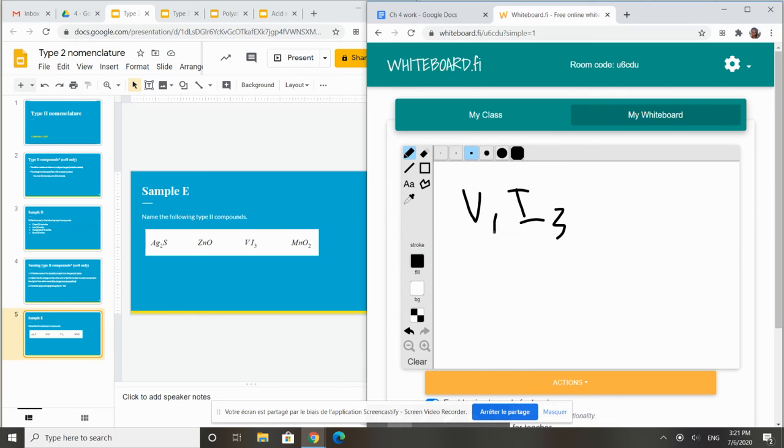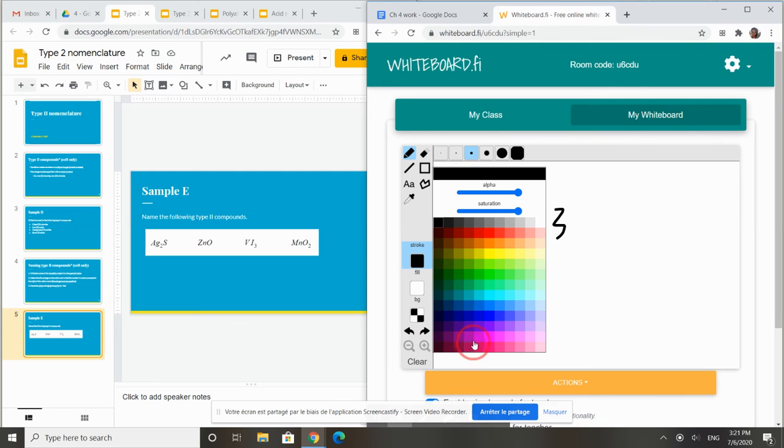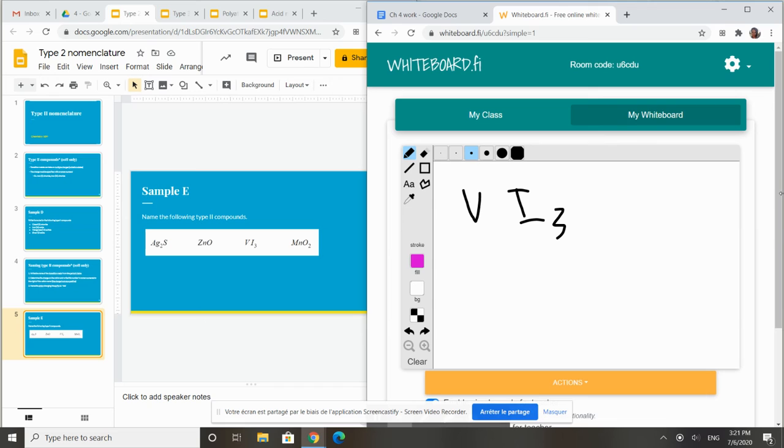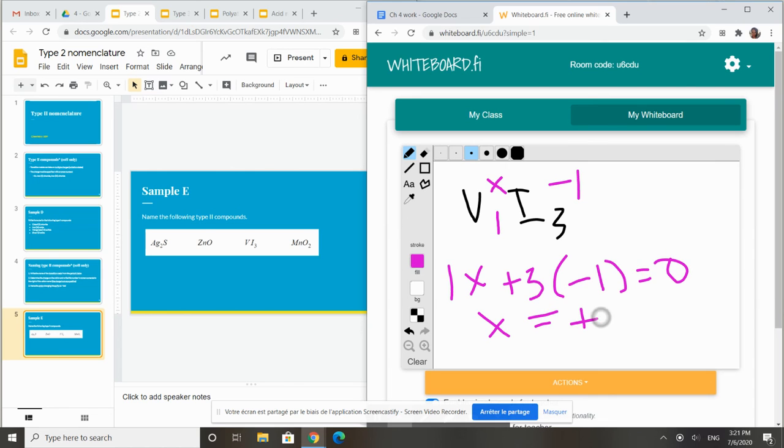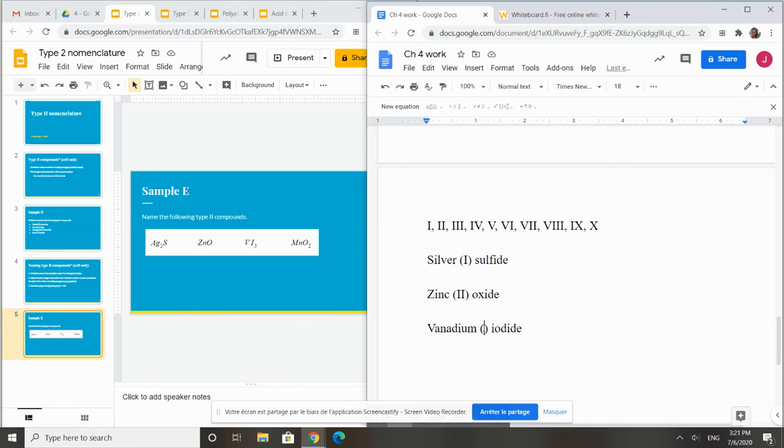So I have one vanadium, each with a charge of, let's say, X. Iodine's common charge is -1. 1 times X plus 3 times -1 is equal to 0. I get that X is equal to +3. So I put 3 in there.